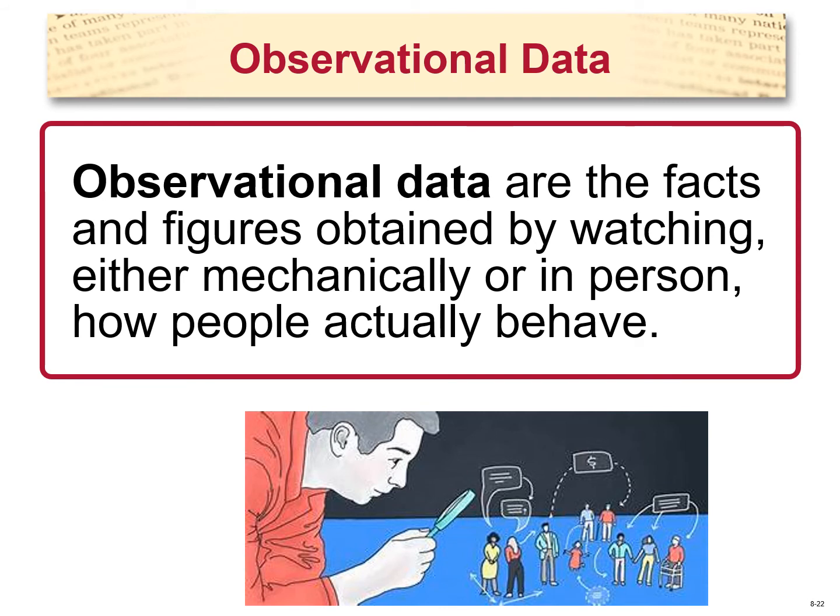So we're really observing people in observational data. We really collect the facts and figures by observing people. Now, this observation can occur by actually watching people in person, or we can watch people mechanically, and we'll see how.